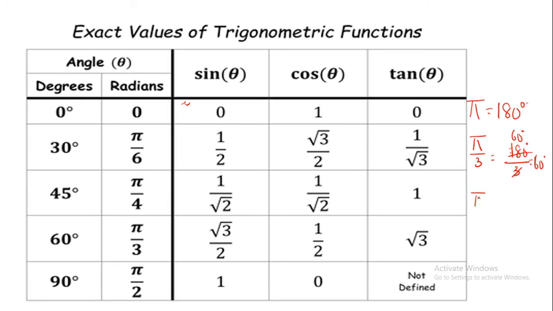If they ask you what is pi by 6, then 180 by 6. 6 ones are 6, 6 threes are 18. That means pi by 6 is 30 degrees.